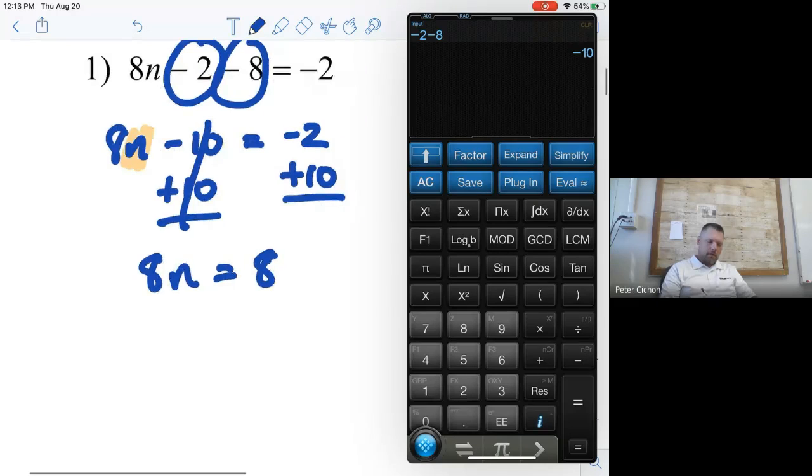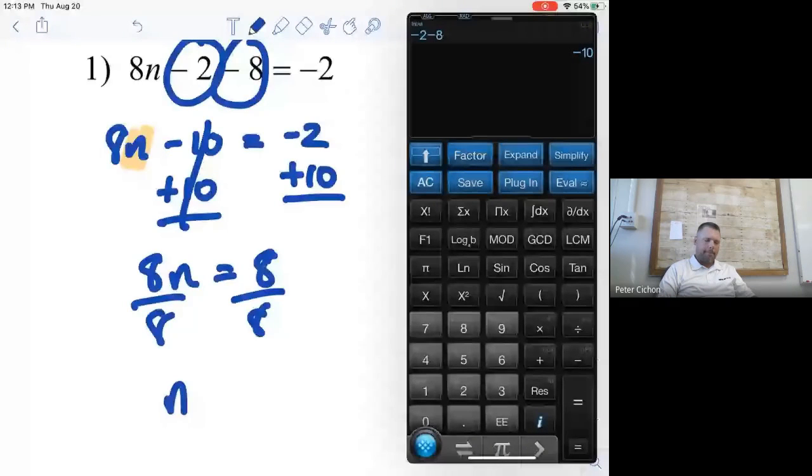Now, 8n means multiply, so I'm going to divide both sides by 8. n is equal to 1.